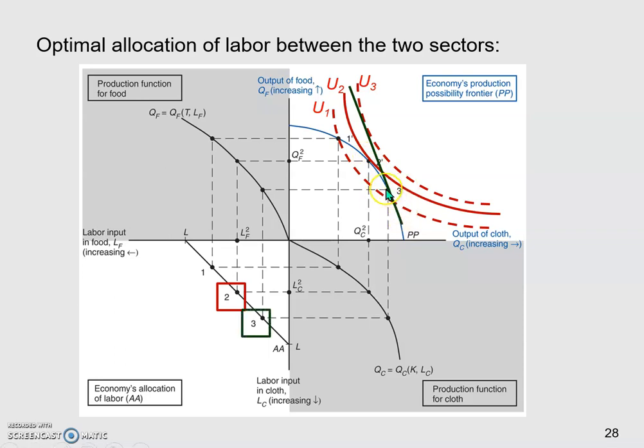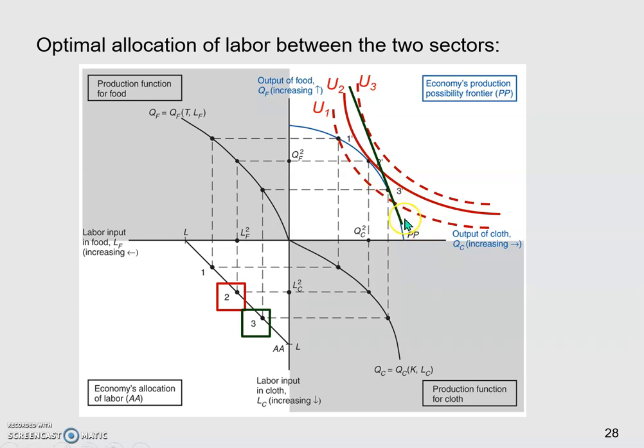Now, because 0.3 is now the optimal combination, when we go to the 3rd quadrant, we find that here it's going to be the optimal allocation of labor between the two sectors. Again, this tangent line just shows us that 0.3 gives us the optimal choice of production.